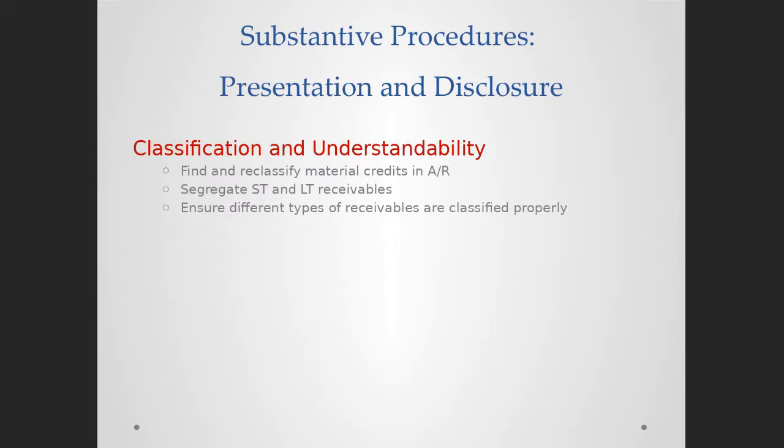Okay, then we have the last one, which is the presentation and disclosure. Classification and understandability is what we're going to test here. Find and reclassify material credits to accounts receivable. Accounts receivable usually has a debit balance. So let's say you have a sale, you record a debit to accounts receivable $100, credit to sales $100, right?